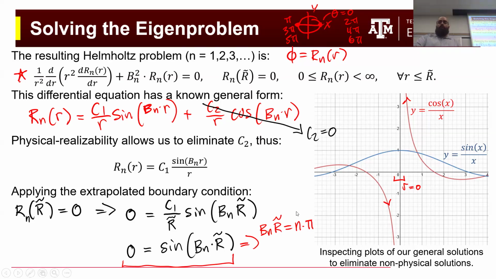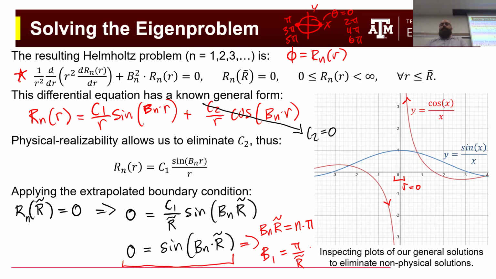And we know that we're looking for the fundamental mode eigenvalue, which corresponds to B1, corresponds to n equals 1. And so if I have n equals 1, then my B1 is just going to be pi over R tilde. Plugging in n equals 1, the n is just a 1. I divide by R tilde, and that's what my B1 is.